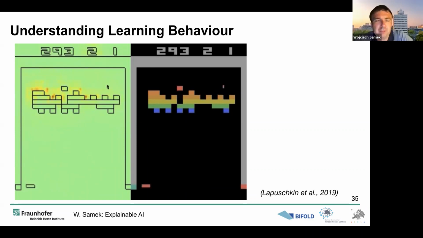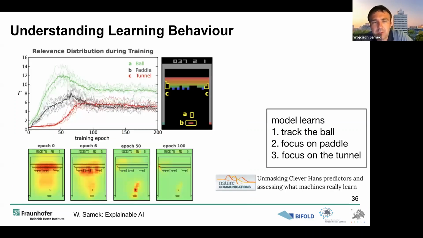And what we did is we analyzed this model. So we analyzed the learning behavior over time. On the x-axis, you see the training epochs. And we see that the first thing the model has learned, the green line, is that the ball is a relevant element of the game. Then after some epochs, the model learns that the paddle, the thing which you need to hit the ball, is a relevant one.